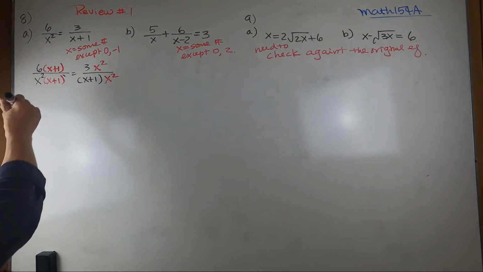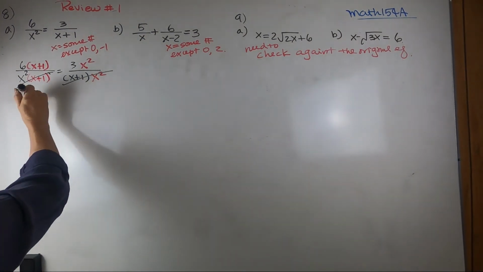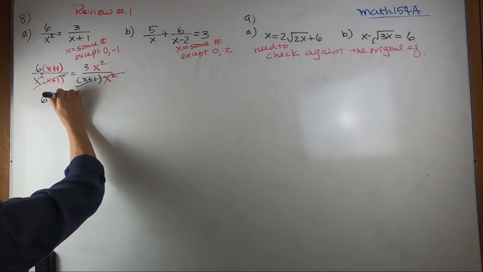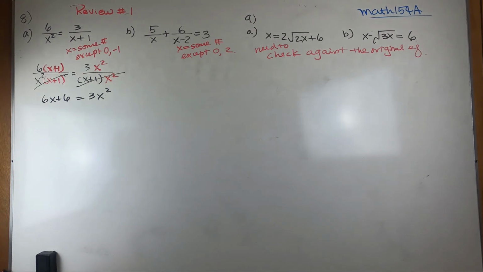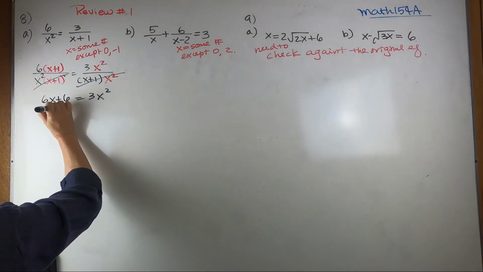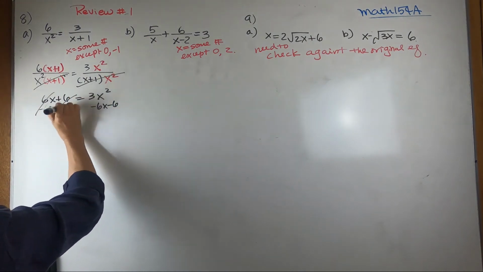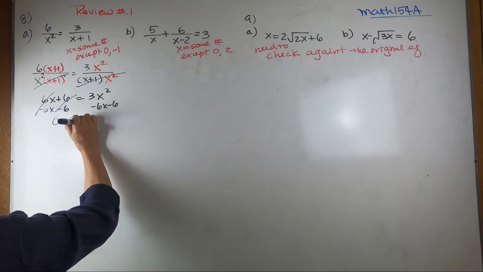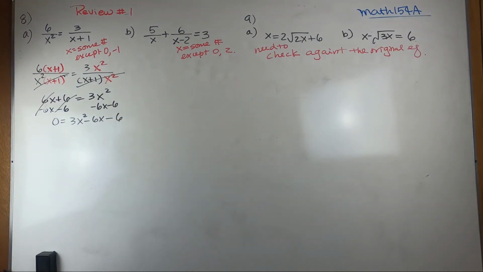Okay, so denominators are the same. We can ignore since the denominator cannot be 0, right? So what do we have? We have 6x plus 6 equals 3x squared. Then we write it in standard form: 0 equals 3x squared minus 6x minus 6.